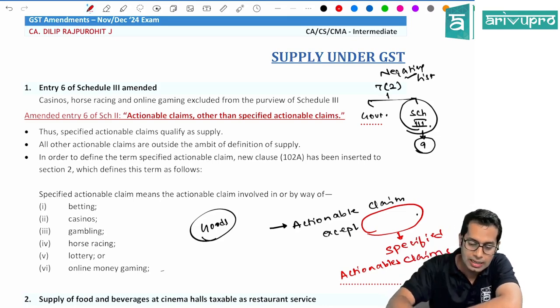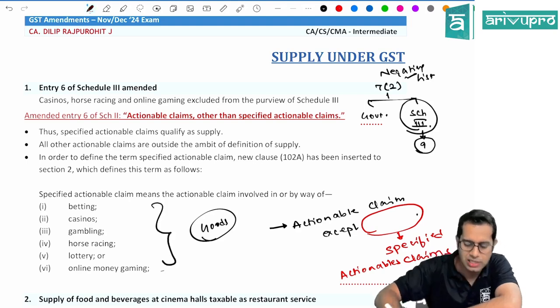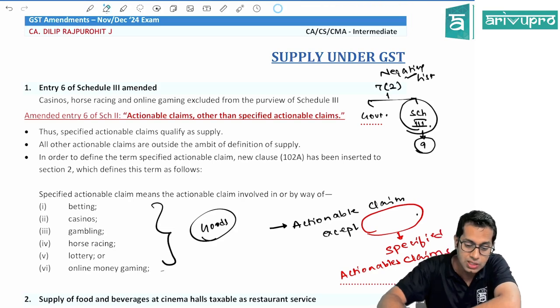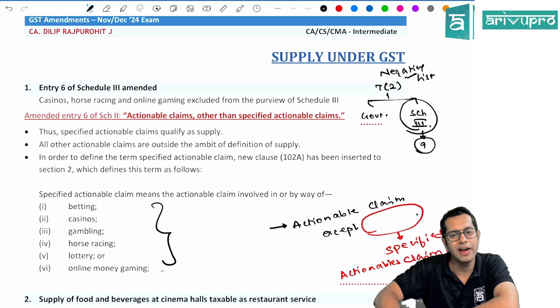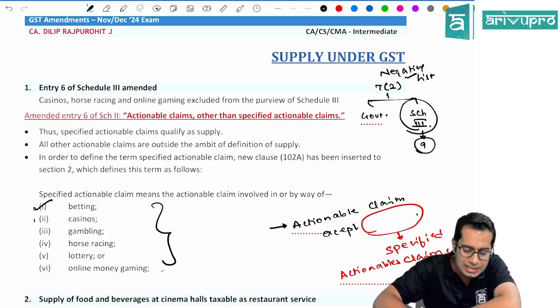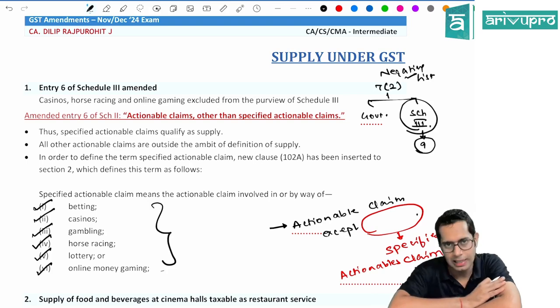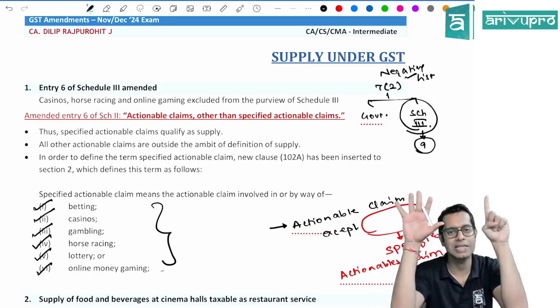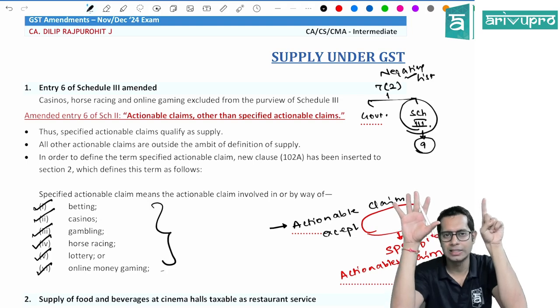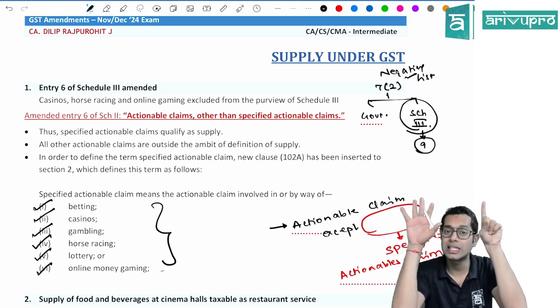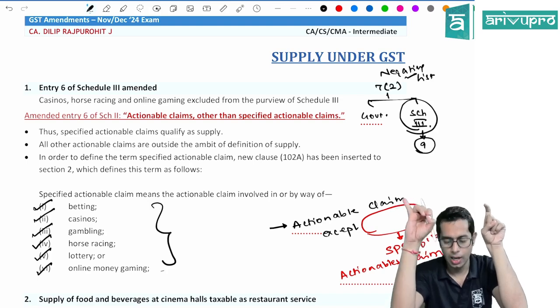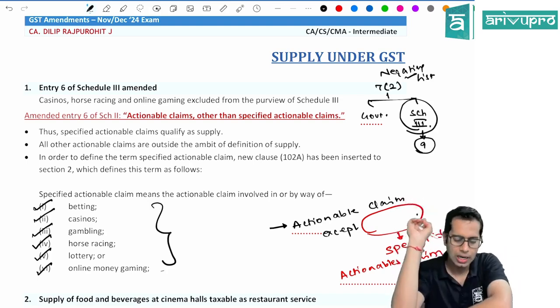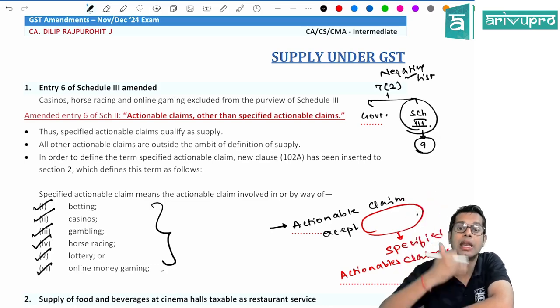Which are they? Betting activity, casinos, gambling, horse racing, lottery and online money games. Please note these 6 items are actionable claims. Normally, a transaction in actionable claims is not treated as supply. But if you do a transaction in these 6 actionable claims, then it will be treated as supply.